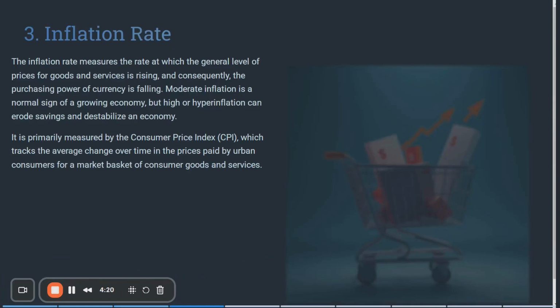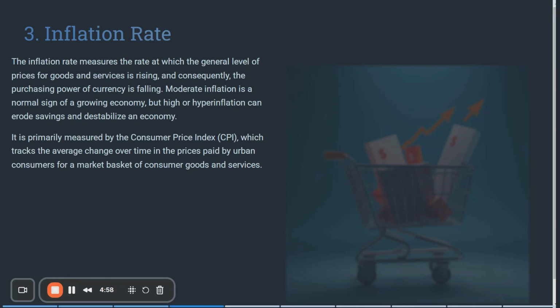Commodities means the goods and services which we produce, like vegetables, FMCG products, which is fast moving consumer goods, or digital products, anything that is a commodity. When general price levels increase, it means the prices of those goods and services have risen, and consequently the purchasing power of the currency is falling.